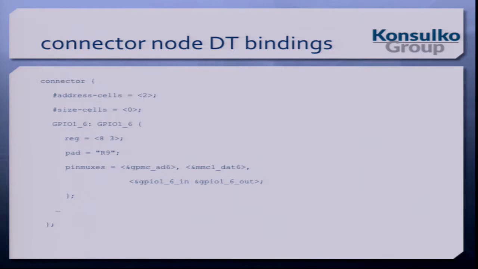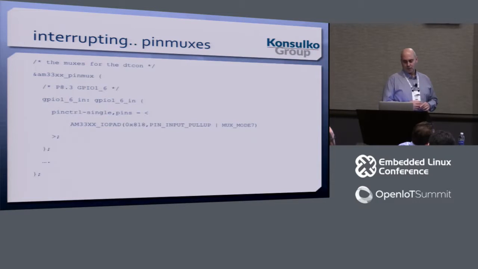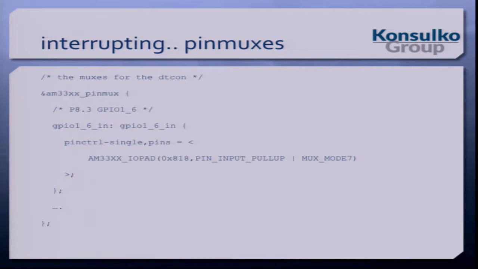You have all the possible pin mux configurations that you can apply, and you have the name of the SoC pad that this connector is connected to. You need to configure pin muxing for each pin of the connector for it to work in the desired configuration. That's the way you describe it.